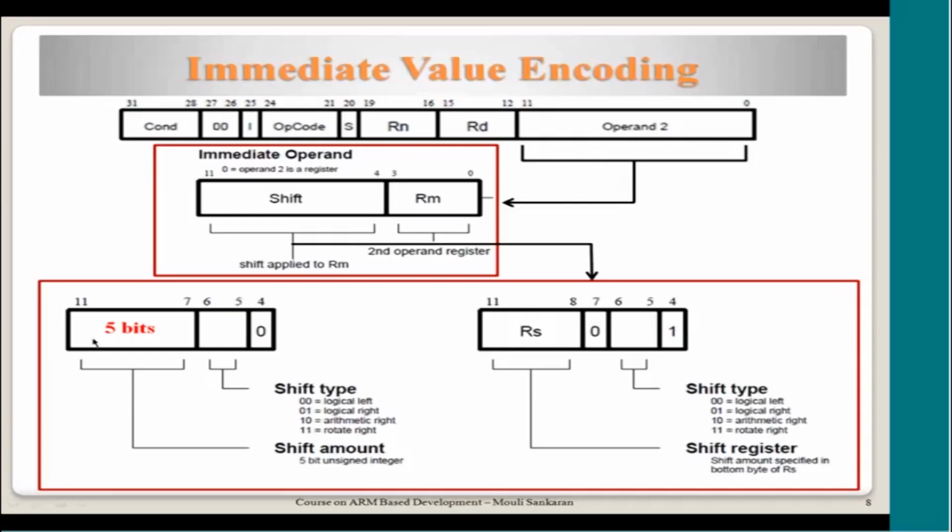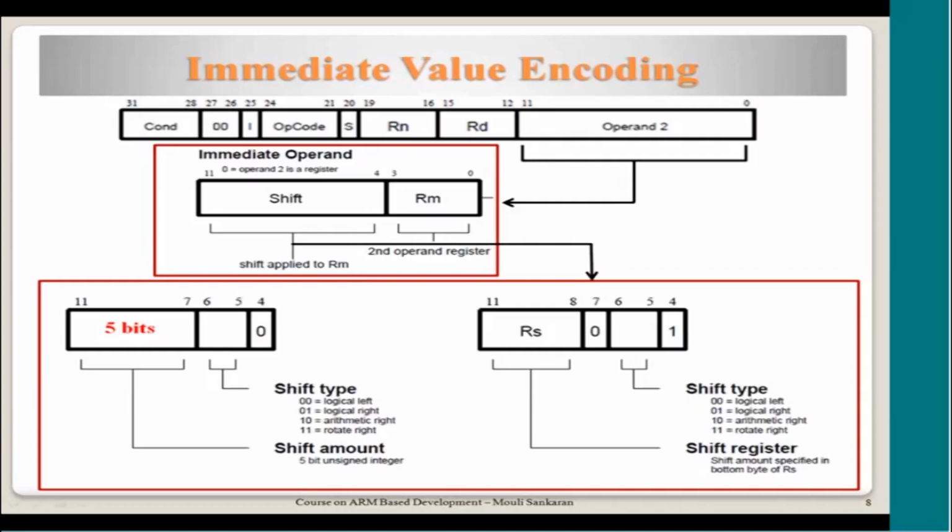And then these 5 bits are considered as a 5-bit unsigned integer. Please remember, it is an unsigned integer, so it could change from 0 to 31. Now based on this value, it will do that many shifts, either logical left or logical right or any of these operations, on the RM contents.